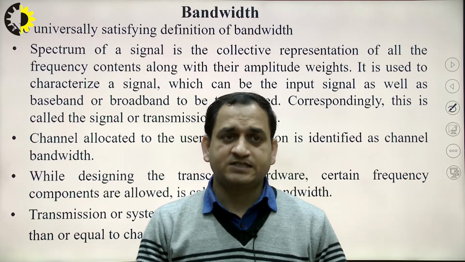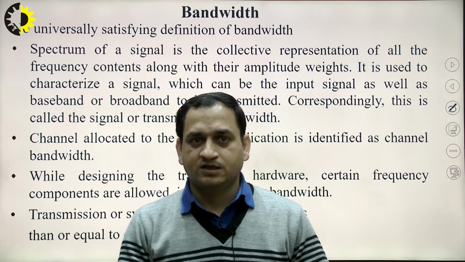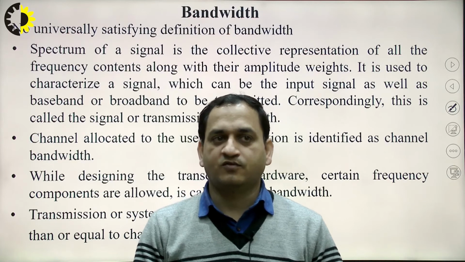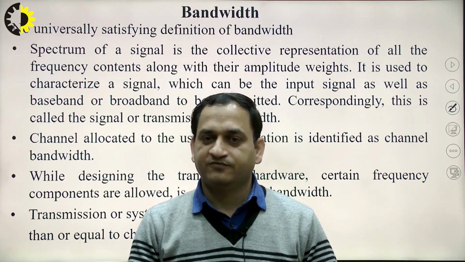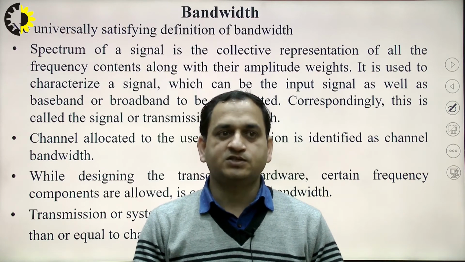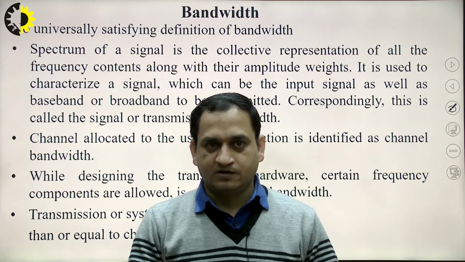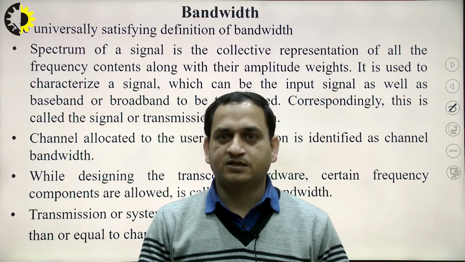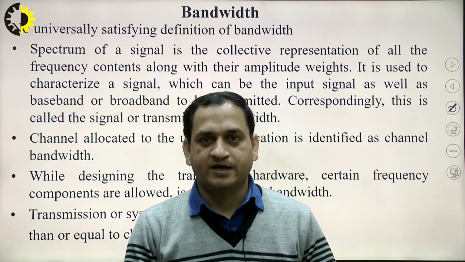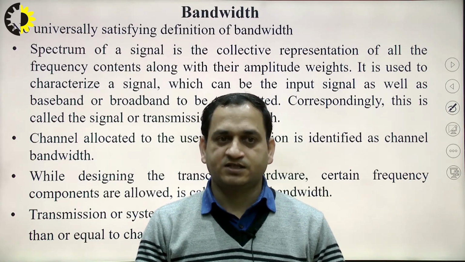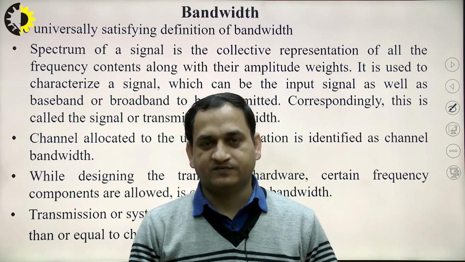The spectrum of a signal is the collective representation of all the frequency component contents along with their amplitude weights. Okay. So, it is used to characterize a signal, which can be the input signal as well as the baseband or the broadband to be transmitted, and correspondingly this is called a signal or the transmission bandwidth.